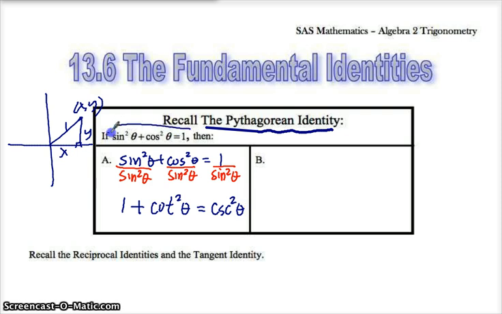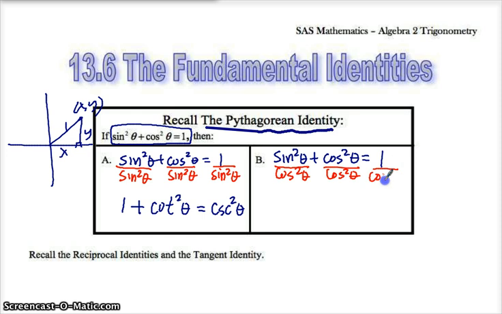So because of this Pythagorean identity, we can get two more identities. One is the fact that 1 plus cotangent squared equals cosecant squared. And then if we do that same process, except instead of dividing everything by sine squared, we divide everything by cosine squared, we'll get something a little bit different.